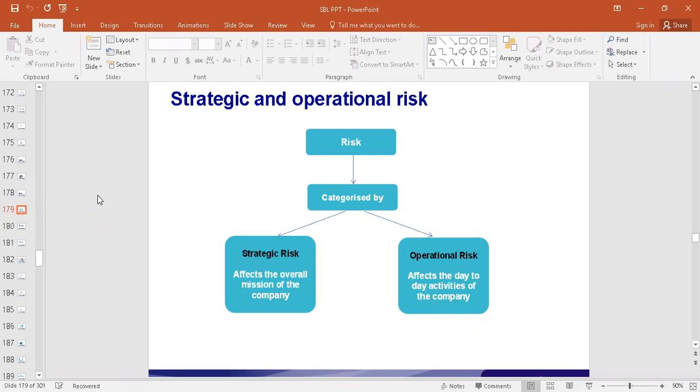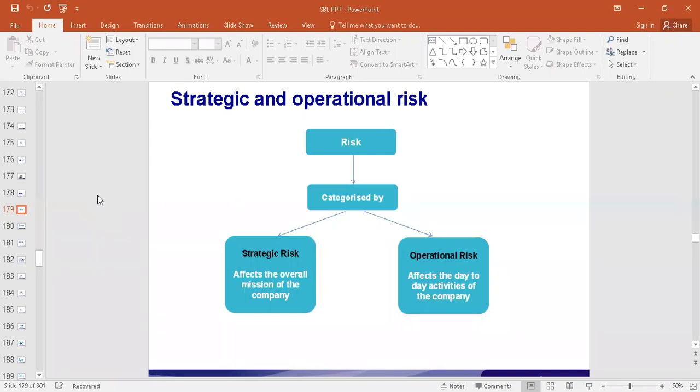The concept of strategic risk is the risk that the plan will not do well. It is not just at the organization level, it could also be at the global level, so it affects the overall mission of the organization. Why the overall mission? Because the plan is prepared to ensure that the objective, the mission, can be achieved.